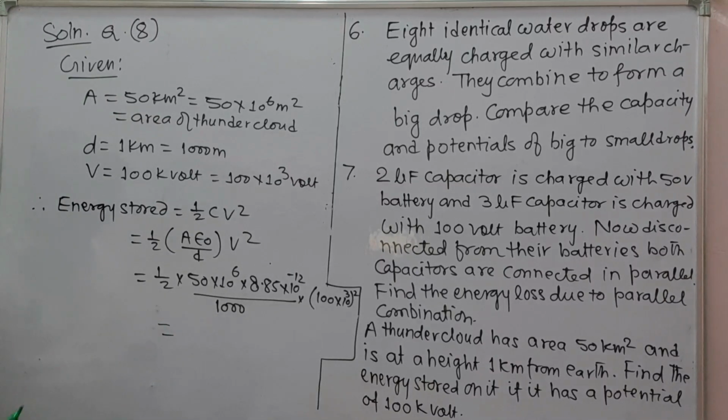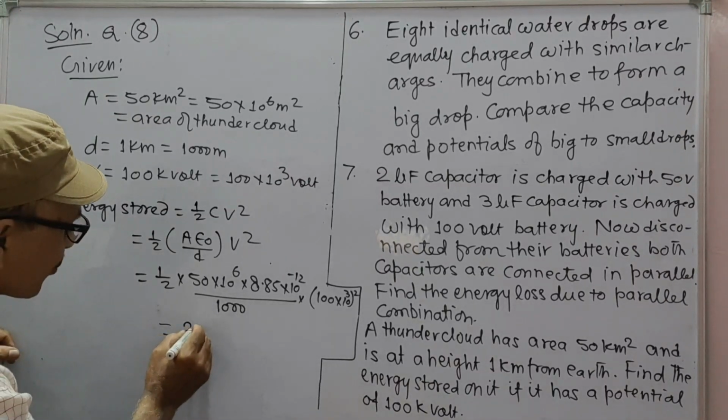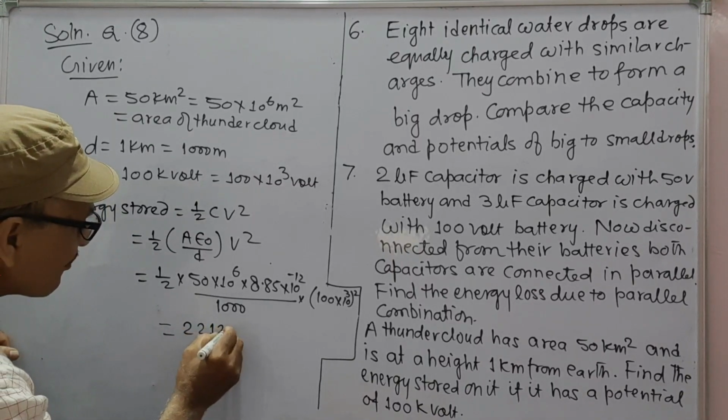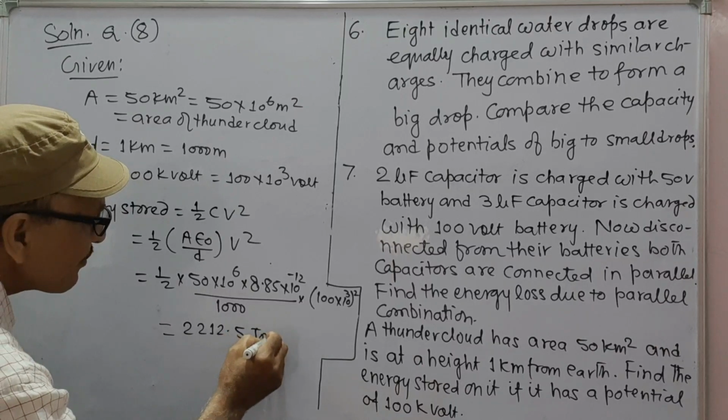On simplification, we get 2212.5 joules.